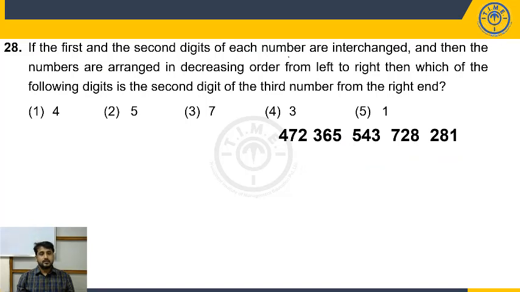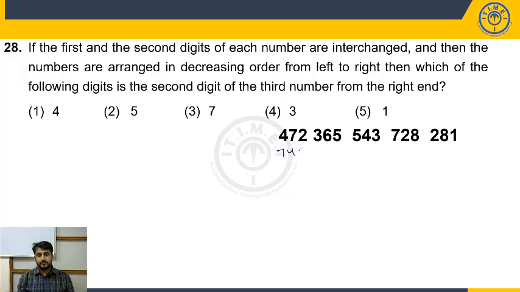Now again, if the first and second digits of each number are interchanged and then the numbers are arranged in decreasing order from left side to right side, which of the following digits is the second digit of the third number from the right hand? We'll go step by step. First and second digits of each number are interchanged.